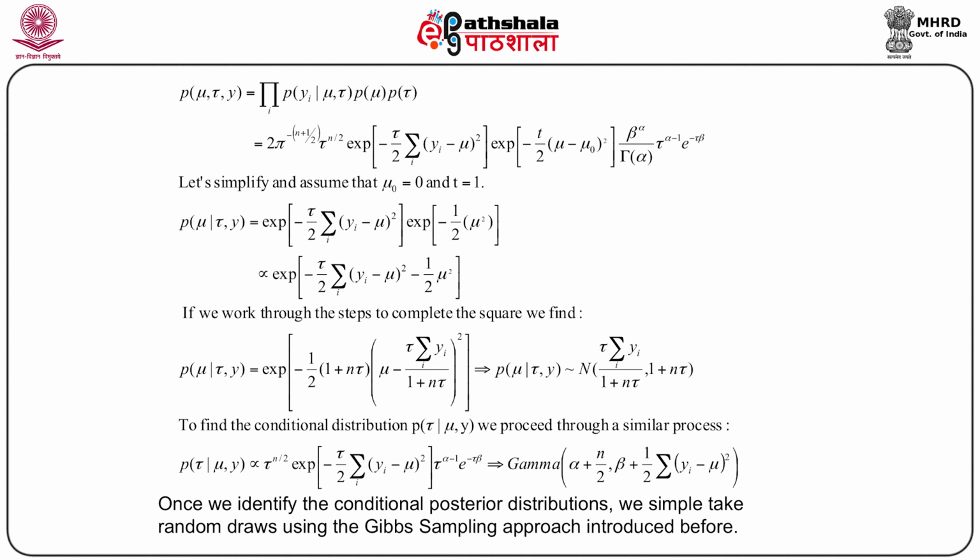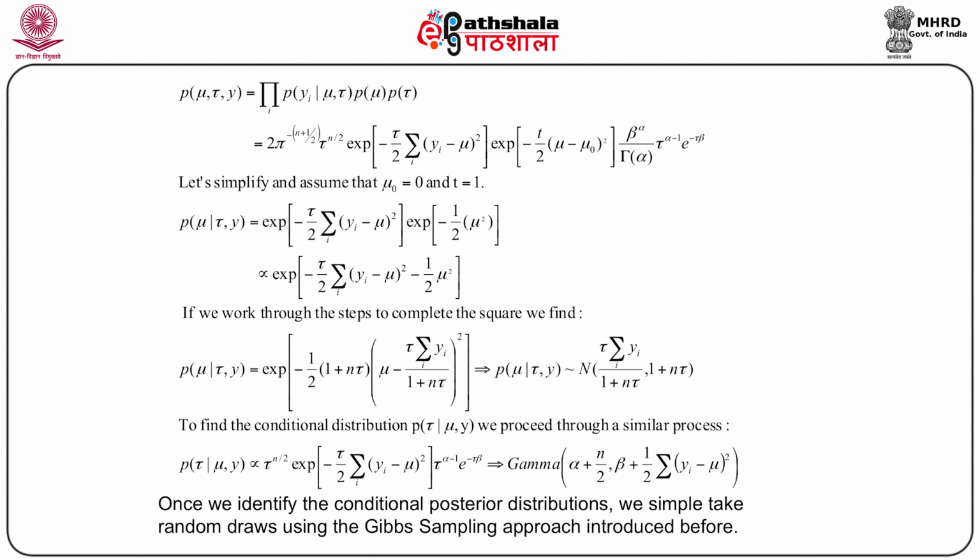There are long expressions given here, but you can see that essentially we can simplify, and if we assume that mu sub 0 is 0 and t equals 1, then the conditional densities will all simplify.